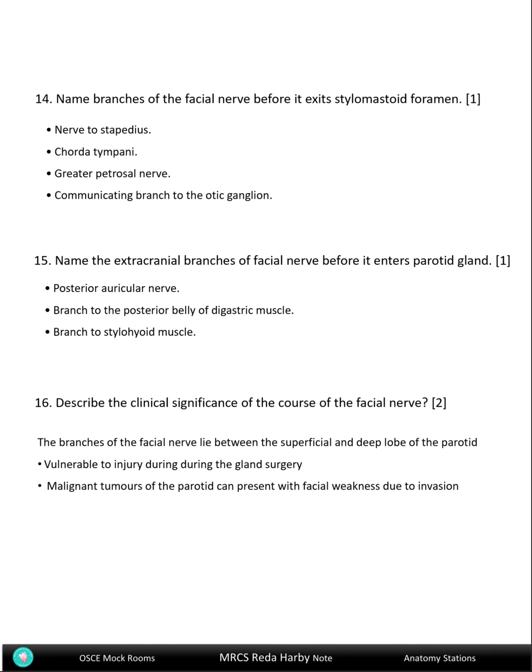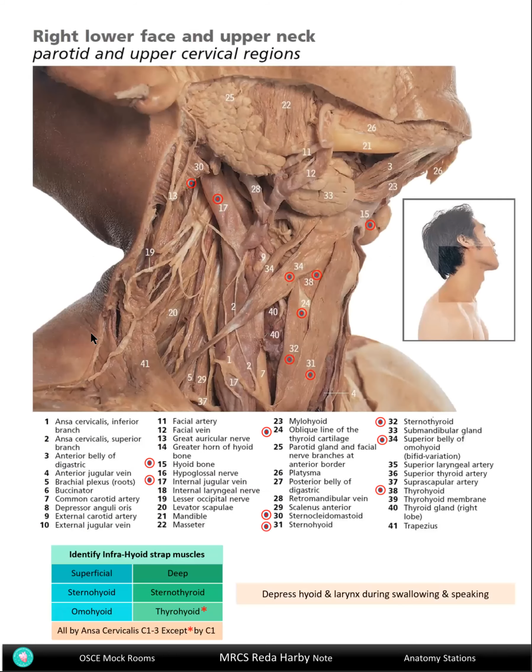It's a benign tumor. No, pleomorphic is benign. Yes, and mucoepidermoid carcinoma, I think this will be the malignant one which more commonly involves the facial nerve. Adenoid cystic carcinoma. Adenoid cystic carcinoma or Warthin's tumor. Warthin's tumor. Okay.